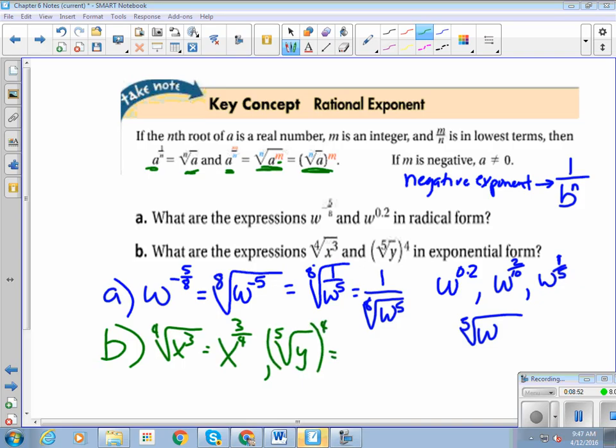It doesn't matter whether you're applying the root first and the exponent second. The power is still in the numerator and the root is still in the denominator. Y is equal to the 4/5.